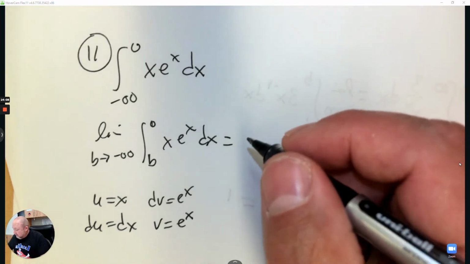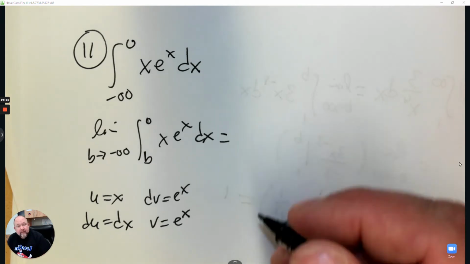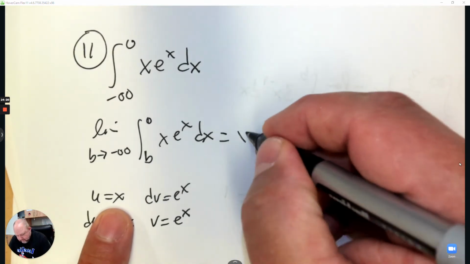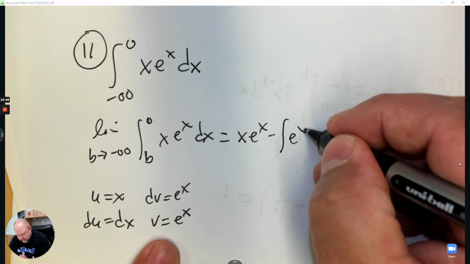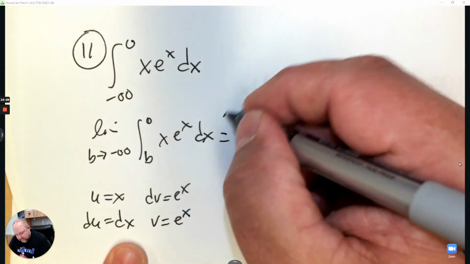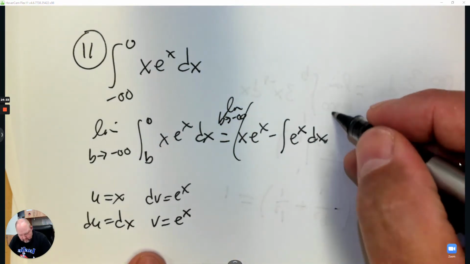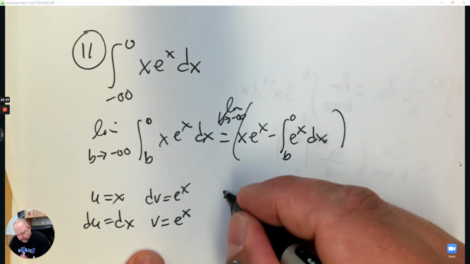And then we're going to follow the rules. So for integration by parts, it's the first u times v, subtract the integration of v du. Oh, we still need the limit notation as we do that, and we're still going from b to 0.